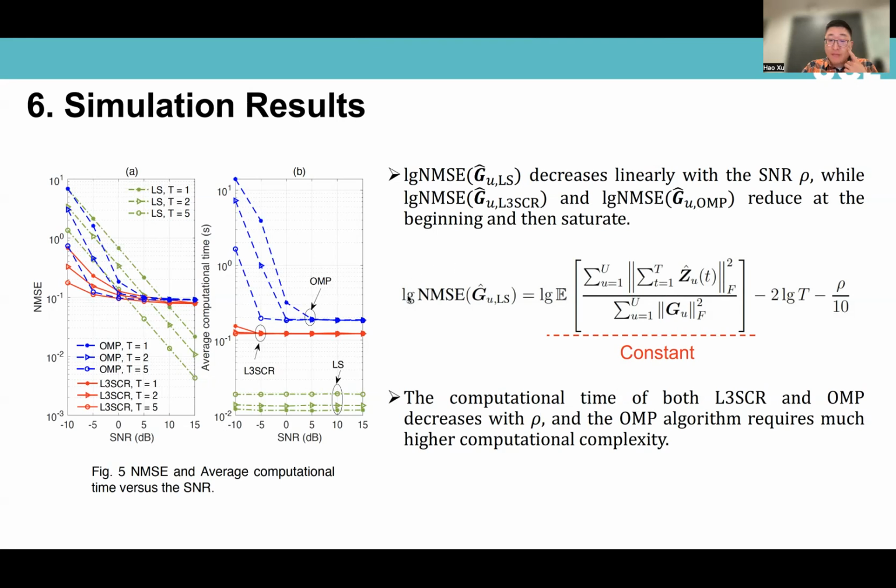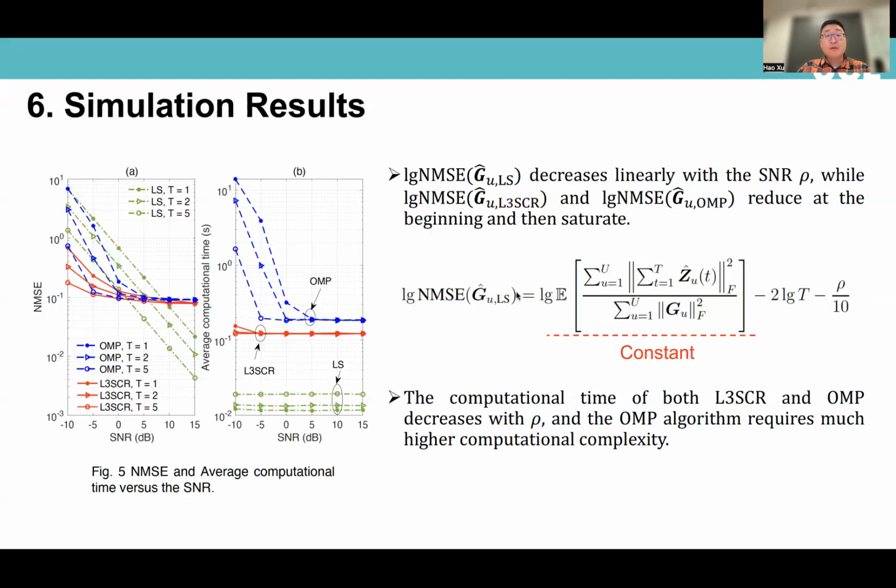The log NMSE of the least squares scheme can be expressed in this form. The first term is a constant. So we see that the log NMSE of the least square scheme is affected only by T and rho, and it decreases linearly with rho. This has already been verified by this figure 5. This formula also explains why it remains unchanged with K and M in the previous two figures.